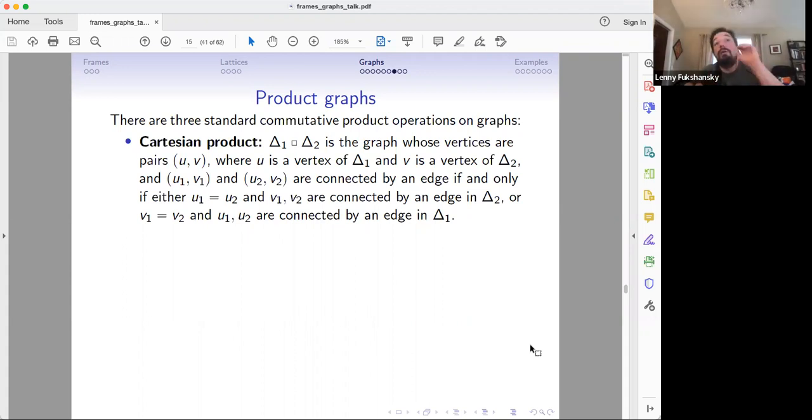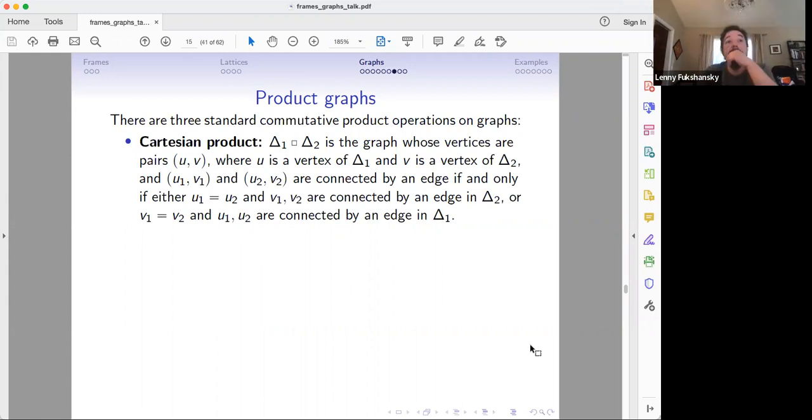Vertices in the Cartesian product are just pairs of vertices, u, v, where u comes from delta 1 and v comes from delta 2. And two vertices are connected by an edge if and only if either u1 is equal to u2 and v1 and v2 are connected, or v1 is equal to v2 and u1 and u2 are connected.